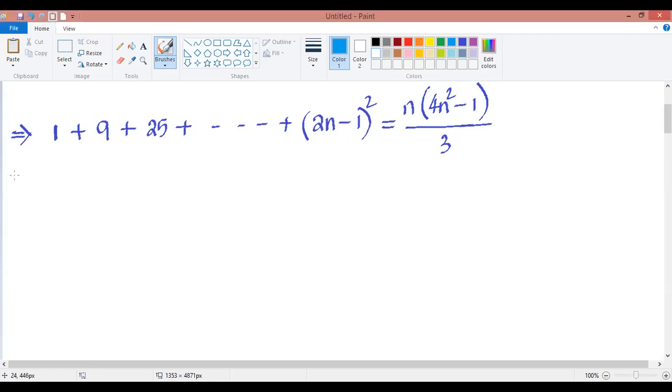When n is 1, we are now testing whether the series is true. When n is 1, on the left-hand side, that will be a 1.